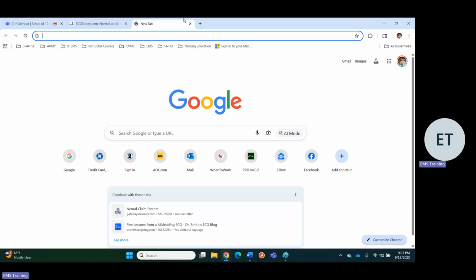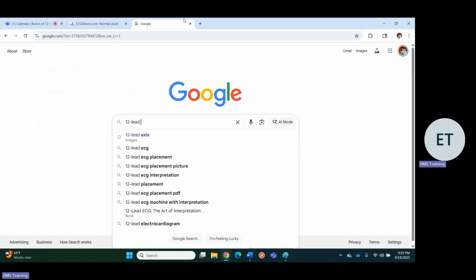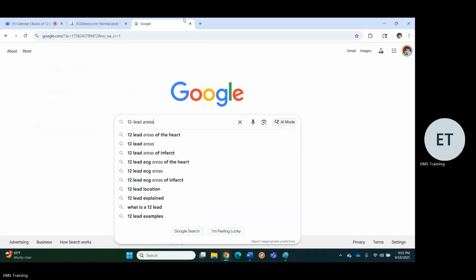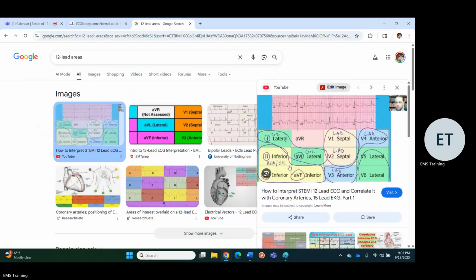The next thing, which I haven't talked about in the first 2 videos, is where in the heart the areas are. Look this up. These are areas that are next to each other.